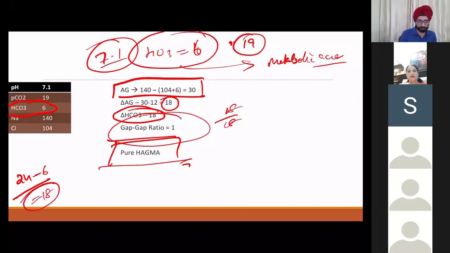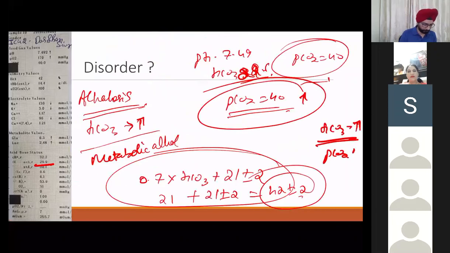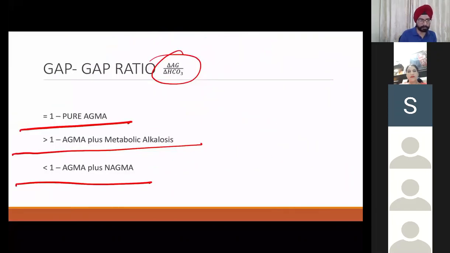If this ratio were more than 1, there will be an additional metabolic alkalosis also. And if it were less than 1, there will be an additional non-anion gap metabolic acidosis also. Okay, you must remember that.